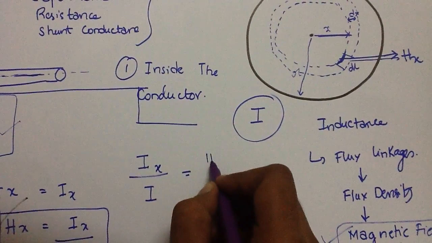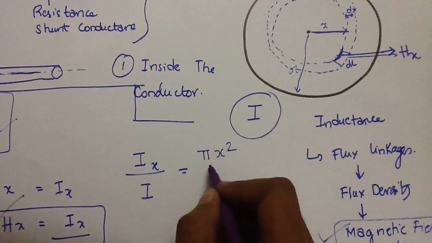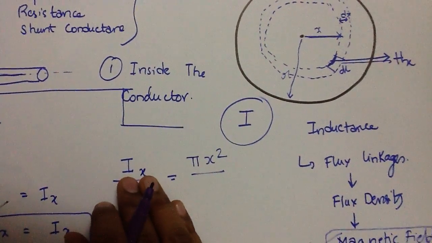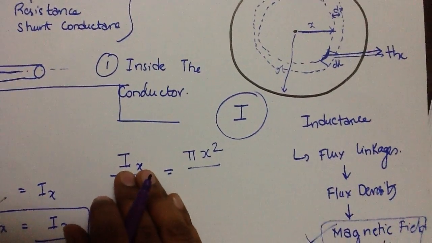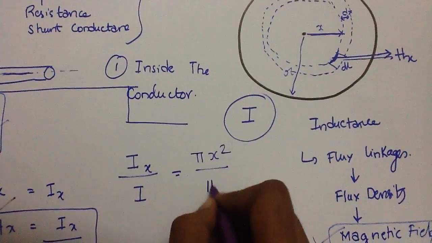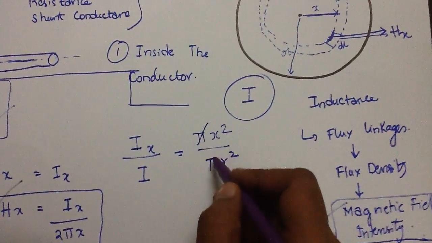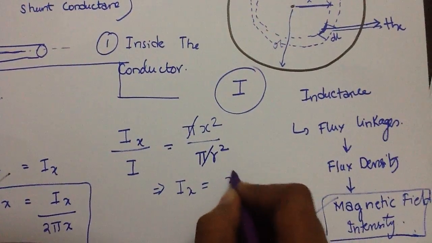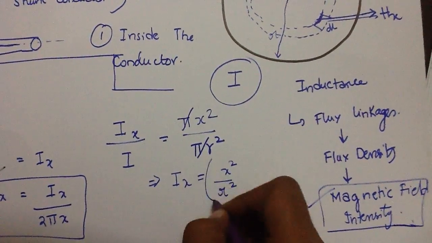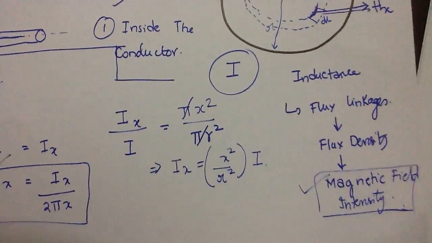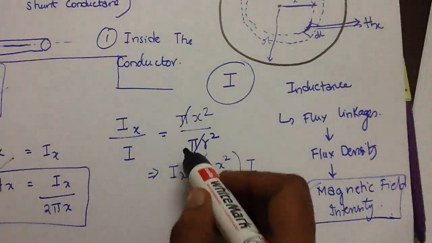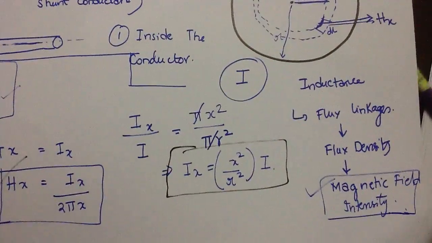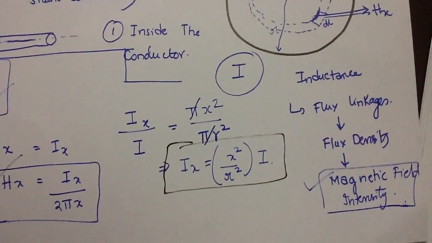Whatever circle carries Ix, the cross-sectional area is pi x square, and for I, it's pi r square. So pi and pi go away, and we have Ix is equal to x square by r square into I. So now we have another equation: Ix is equal to x square by r square into I.